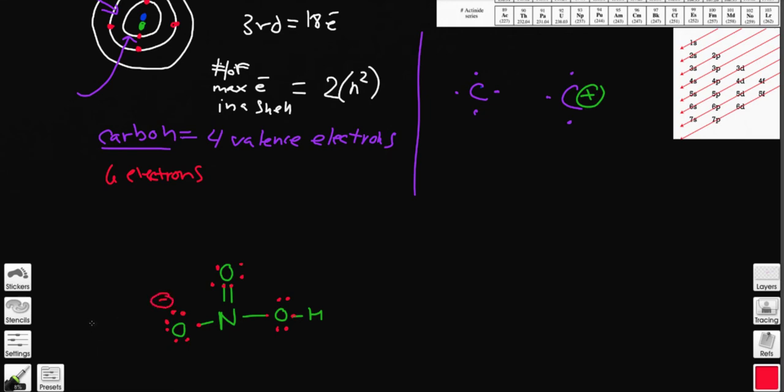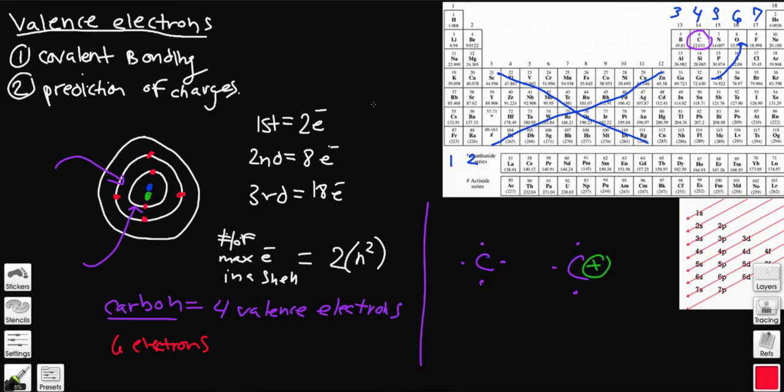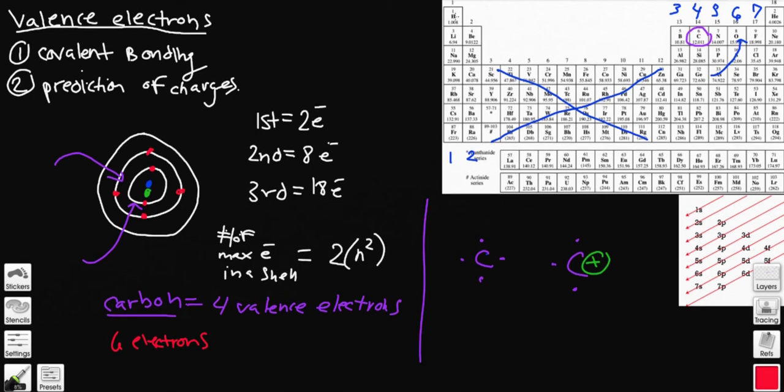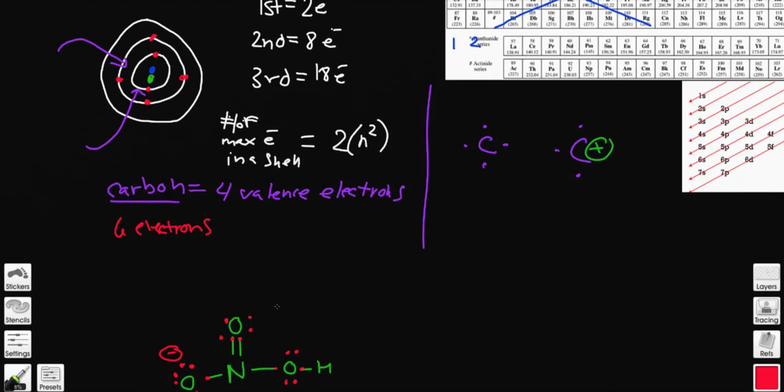So we dealt with all the oxygens. Now let's deal with this little hydrogen over here. Hydrogen, because it's in the first group, has only one valence electron. This hydrogen has only one anyway, so the hydrogen is also neutral.